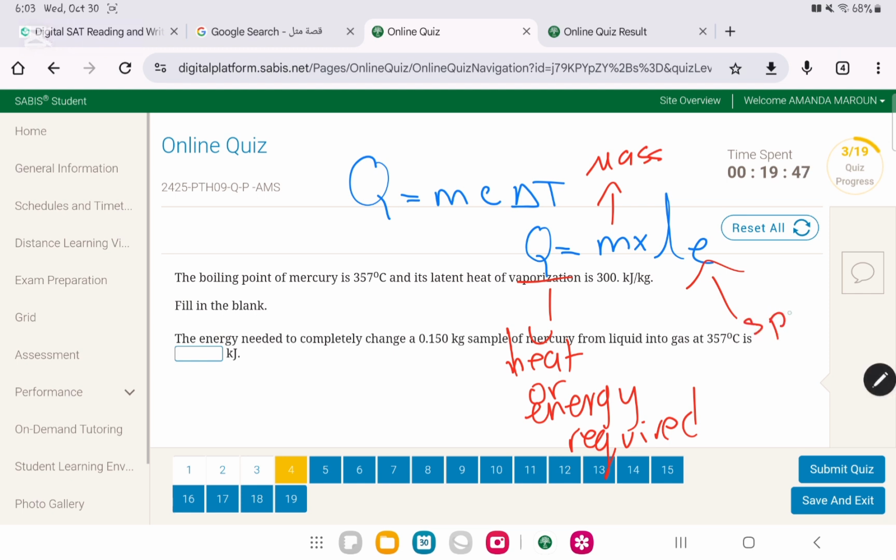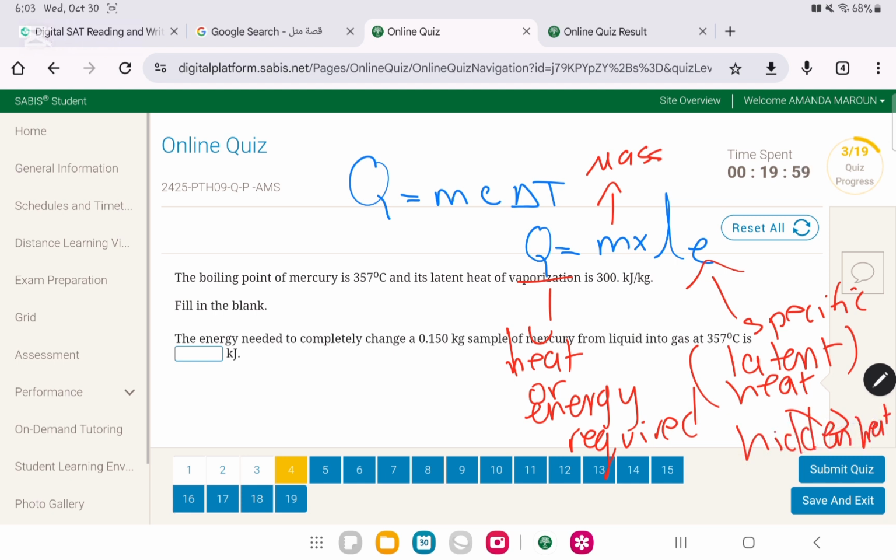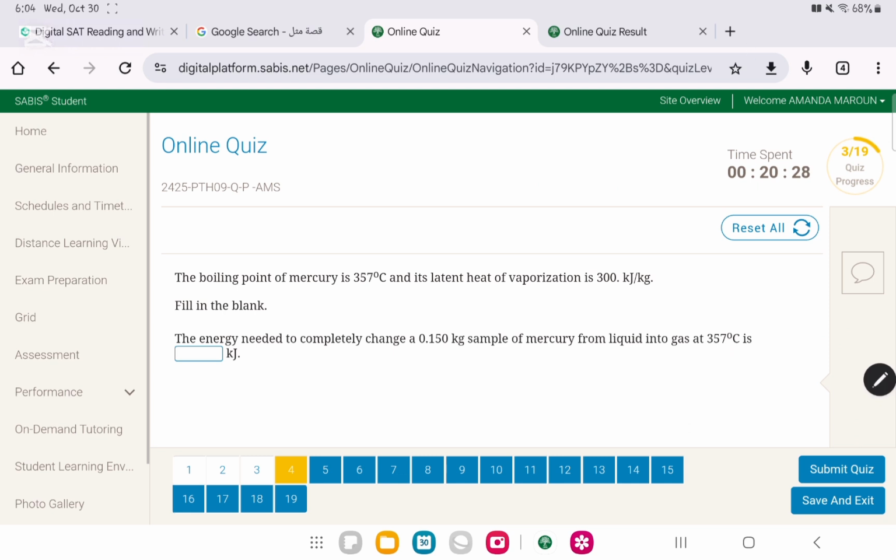So here I'm going to call it specific latent heat. By the way, what does latent heat mean? Latent heat means hidden heat, of vaporization. Now, after solving this question, I will explain to you when we use this and when we use this, and then you will see the relation between the both of them.